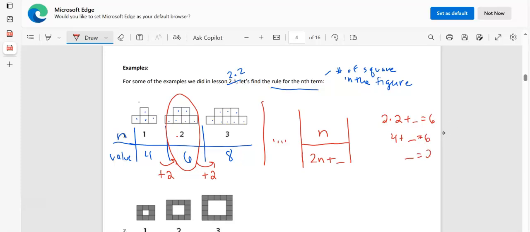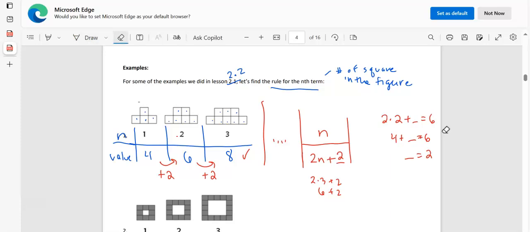The something equals 2. And so this nth term has a rule of 2n plus 2. Let's double check and make sure that works. If n is 3, 2 times 3 plus 2 is 6 plus 2, which is 8. And that is what I have here.